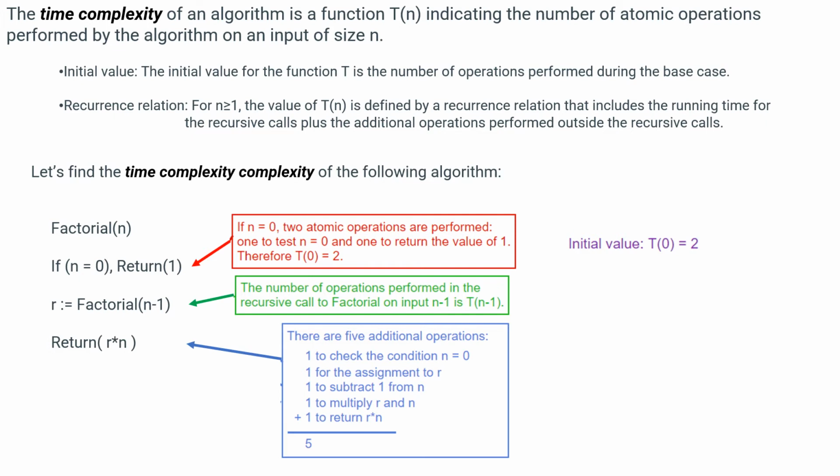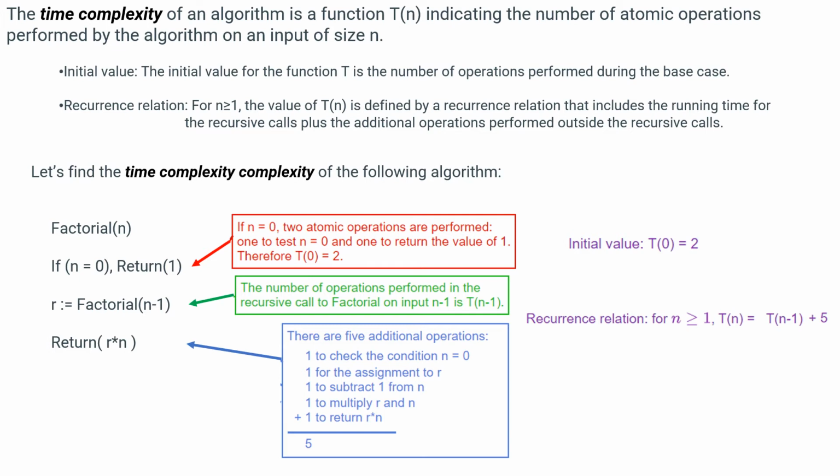And then we need to return that. So anyway, they added that up and got 5 there. So we would need to say that the recurrence relation for when n is greater than or equal to 1 would look like this. T of n equals t of n minus 1 plus 5.